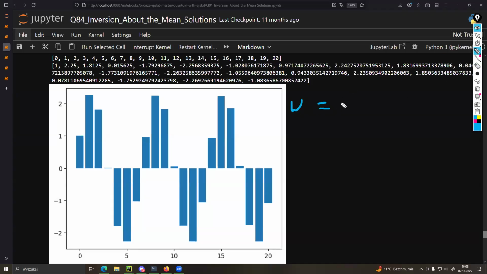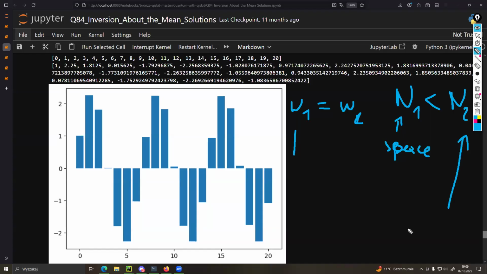So this W wanted is in both cases the same, wanted 1 and wanted 2, but the number of elements in our total search space is less in the first case than in our second case, then we would need more iterations for the second operation.